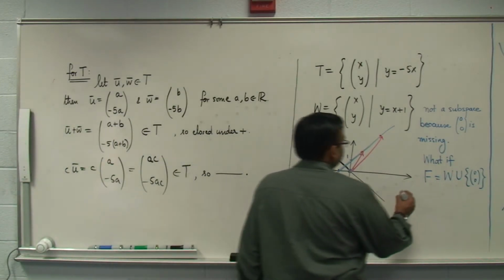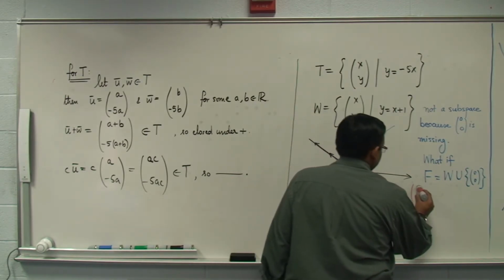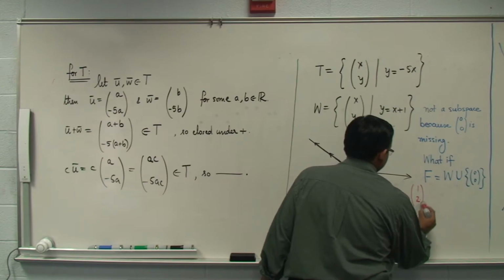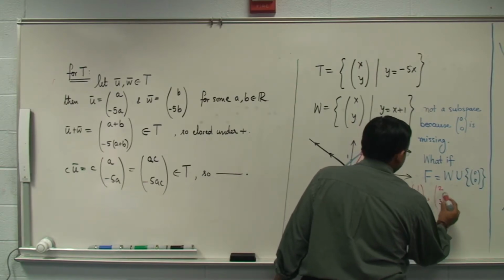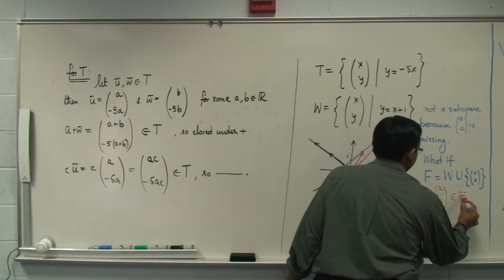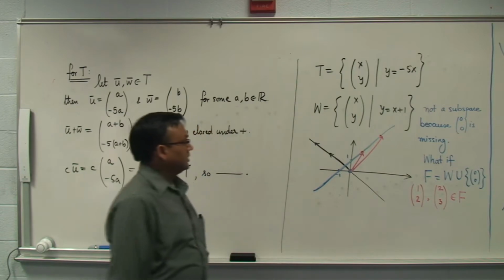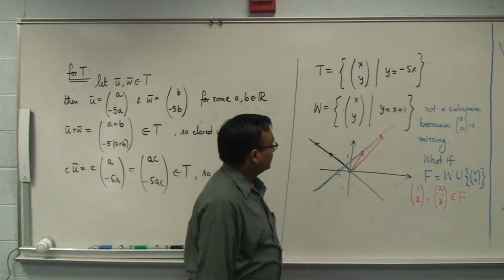Just to give you a concrete example, suppose I take x as 1, then y is 2. And let us say x is 2, then y is 3. Would you agree that these definitely belong to F? Because y is one more than x.